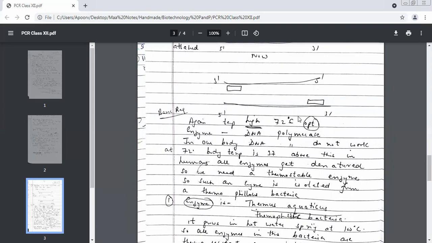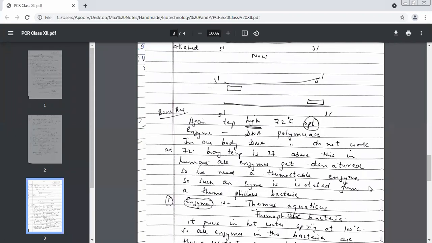See, children, in the human body we cannot have a temperature of 72 degrees Celsius. We do have the enzyme DNA polymerase in the human body, but it does not work at 72 degrees. Our body temperature is 37 degrees Celsius. As soon as the temperature crosses 37, enzymes in humans get denatured. So we cannot have this enzyme functional in our body.